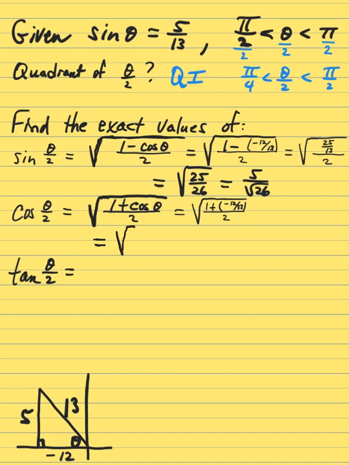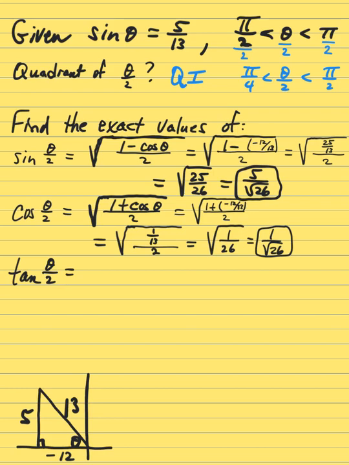Again, think of 1 as 13 over 13. 13 minus 12, that's 1/13, all over 2, which gives us square root of 1 over 26, which is 1 over square root of 26. And don't worry about rationalizing. You can leave that as a standalone answer. Just like right above, we can leave that as a standalone. You don't have to rationalize.